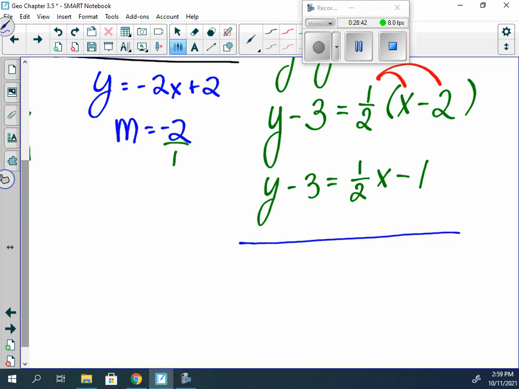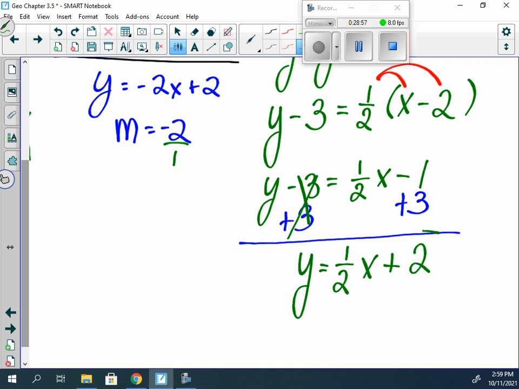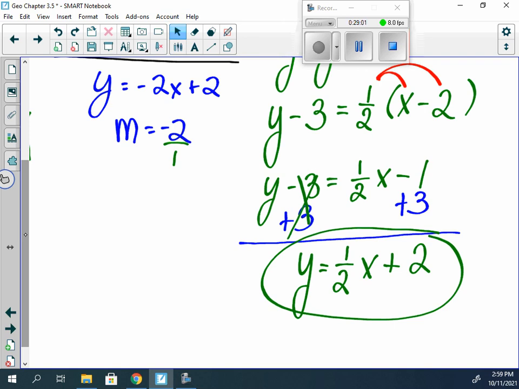And last but not least, we would add 3 to both sides. Negative 3 plus 3 would cancel, leaving me y by itself, equal to 1/2 x plus 2, and that right there would be the equation of the line.